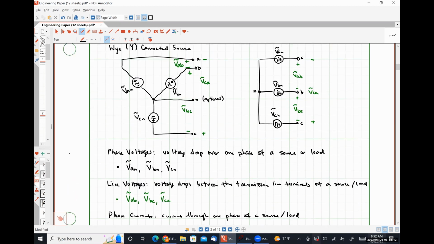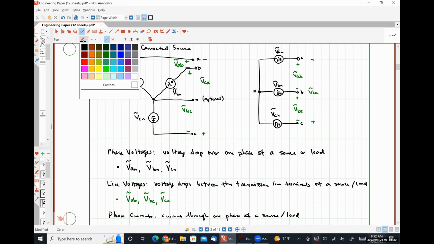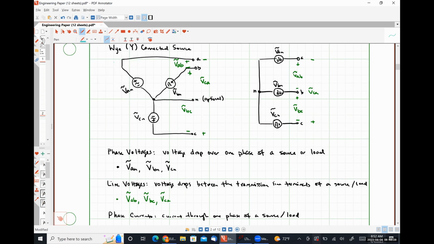I am going to define my phase currents as flowing into the positive polarity terminals. So let's see. Let's use this light bluish color. So this is going to be my phase current IAN.